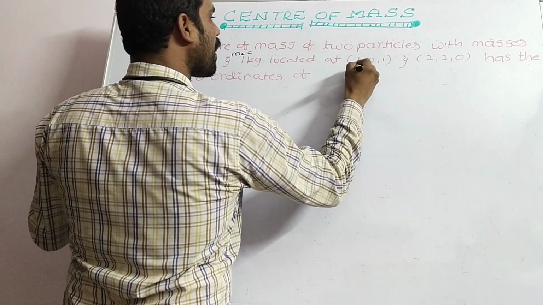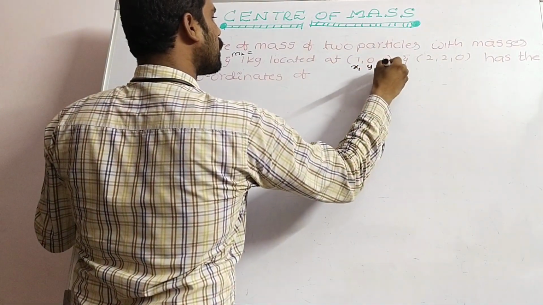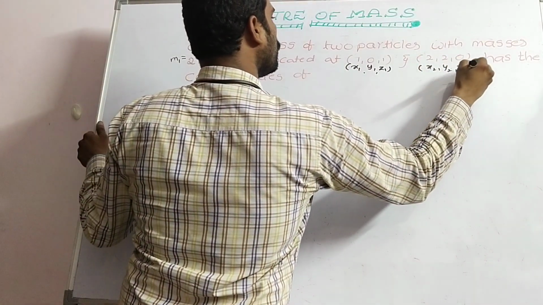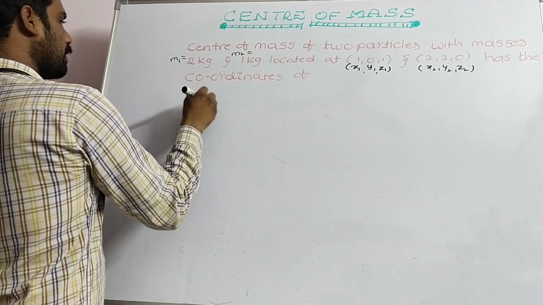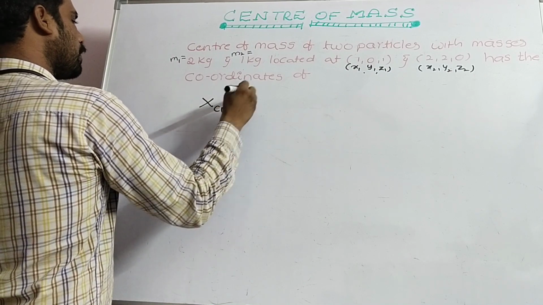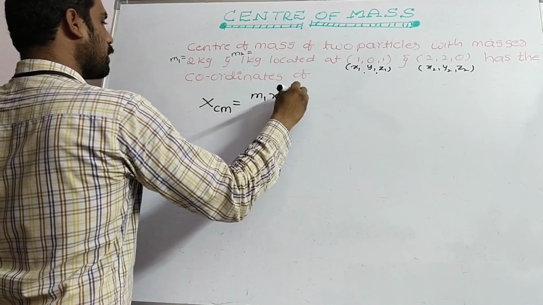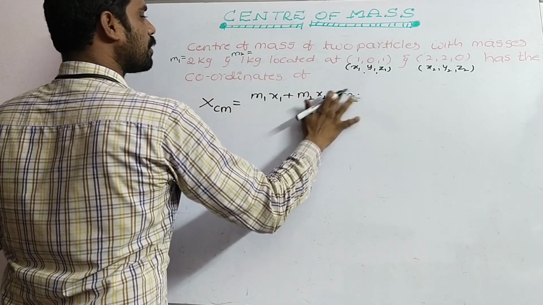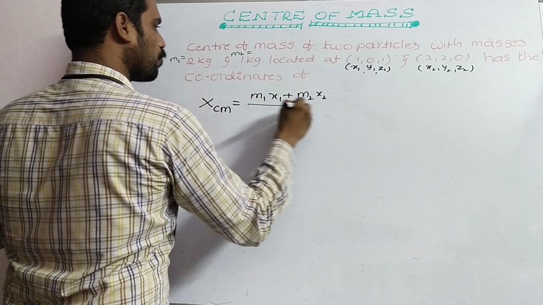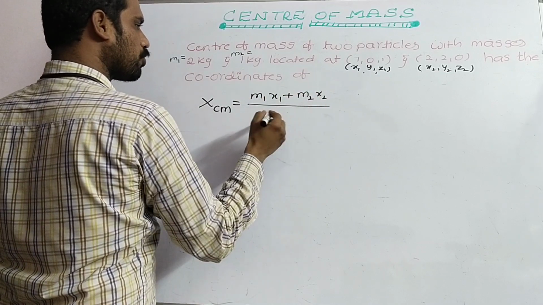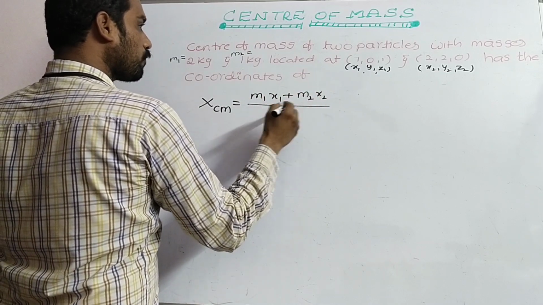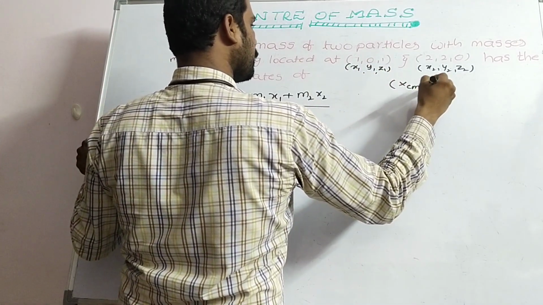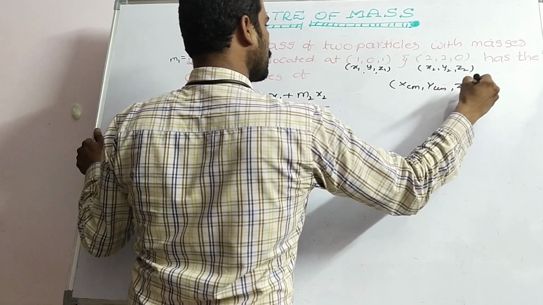Here we have x1, y1, z1 as the coordinates, and here we have x2, y2, z2. So XCM is equal to (m1 x1 + m2 x2) by (m1 + m2), as we have only two particles. XCM, YCM, ZCM we have defined.